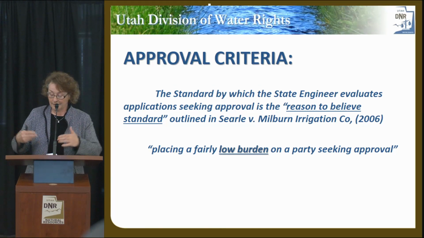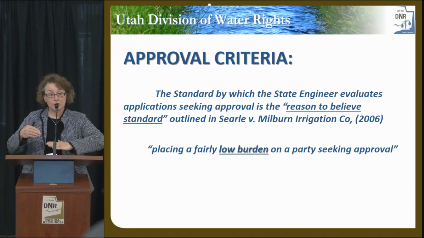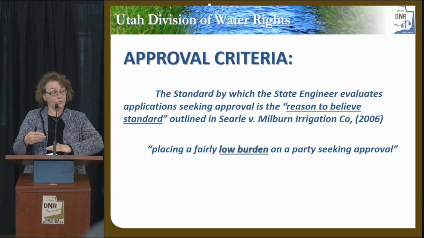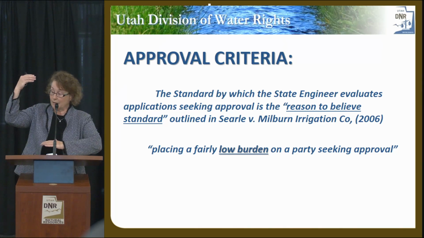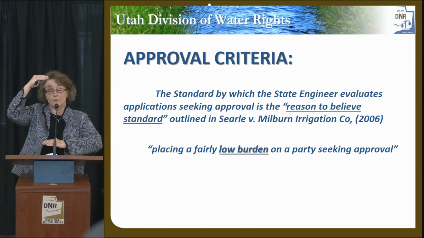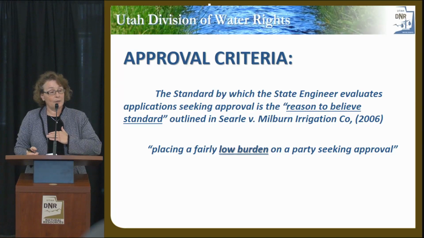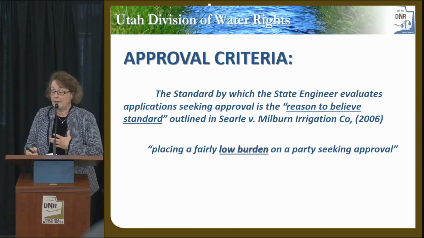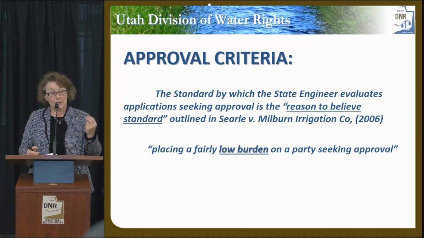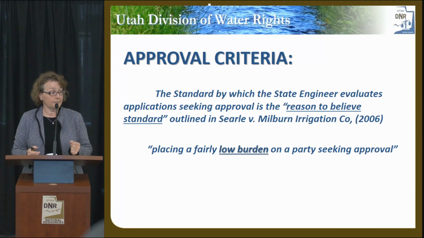So you have reasonable suspicion, which is the lowest burden to overcome, and then the highest burden is beyond a reasonable doubt, right? Well, reason to believe is just above that lower standard. So if we have an application filed with us, that applicant just needs to give us a reason to believe that the application can be approved as it meets the statutory criteria.